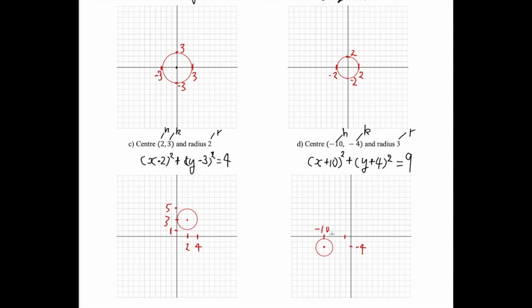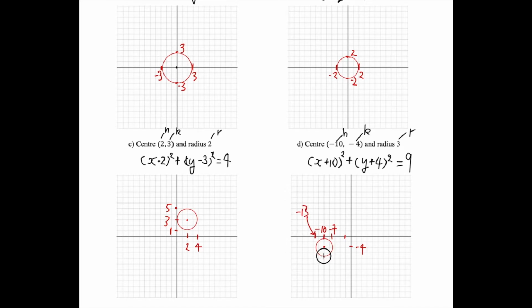What's going to be this point? Well, the radius is 3, so you just have to add 3 to this number. I don't have space here to write it, but this is minus 10. This will be minus 7 because the radius of the circle is 3 units, right? So you just have to add 3 to the minus 10 to get the minus 7. And here, I don't have space here, but this will be minus 13.